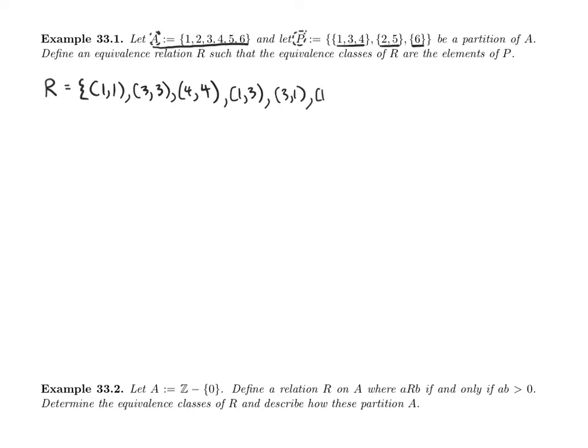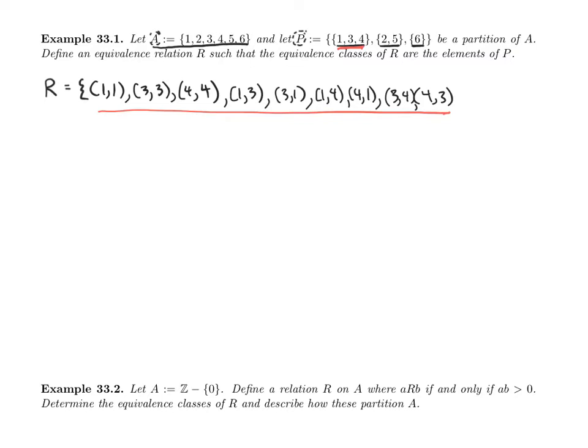Then we have 1 is related to 4, 4 is related to 1, and we have 3 and 4. 3 is related to 4, 4 is related to 3. So that's everything from the first element of our partition, the first subset of A in that partition.